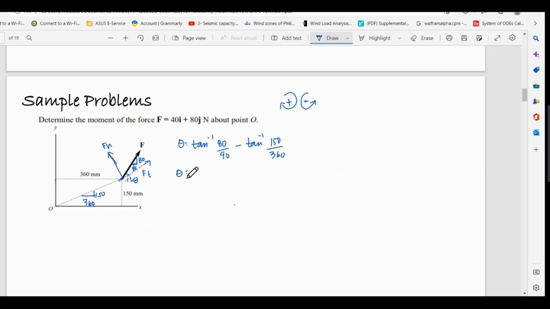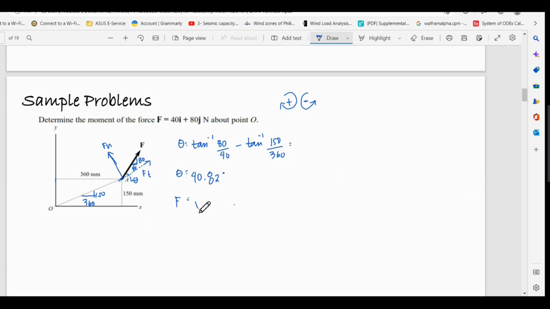So, theta now is equal to 40.82 degrees. Okay, so compute now for the magnitude of our F.